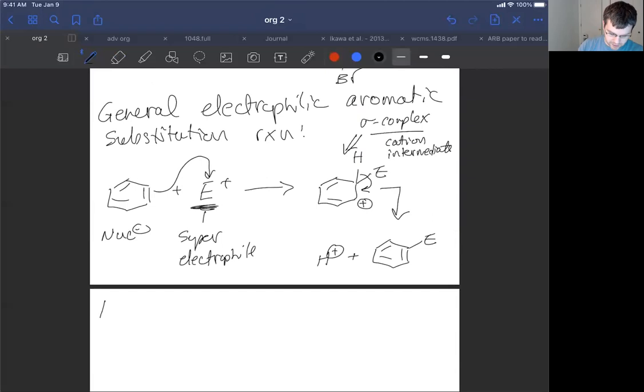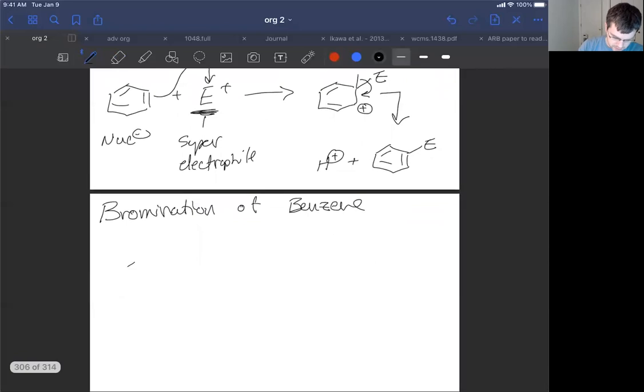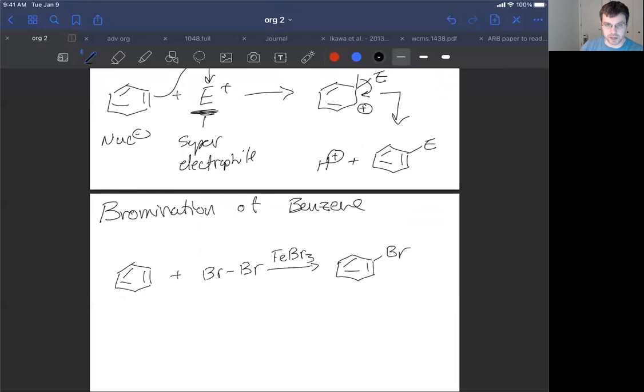Now let's put this together for the bromination of benzene. What we do is we take benzene and we react it with Br2 in the presence of FeBr3. And we do this exact reaction, but we have a super electrophile that allows us to introduce bromine.